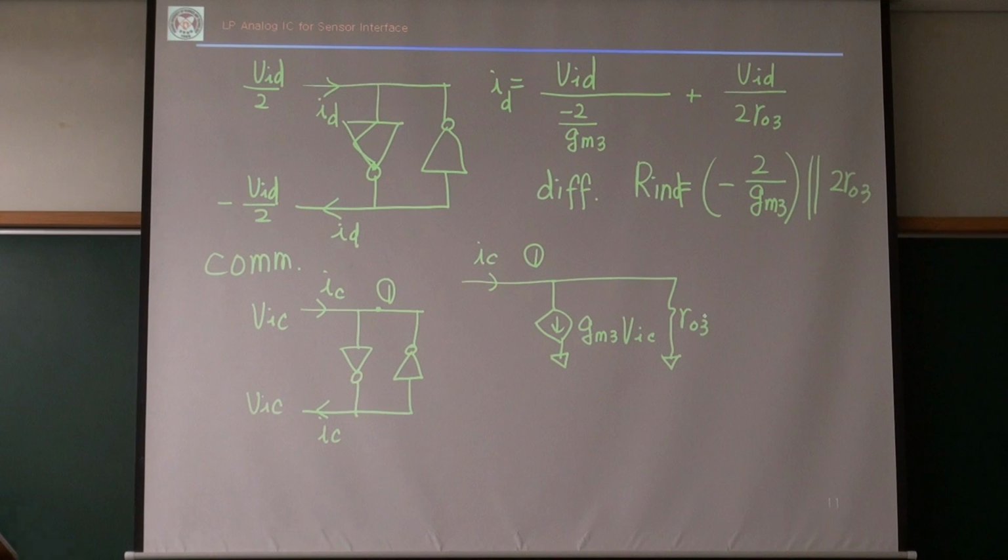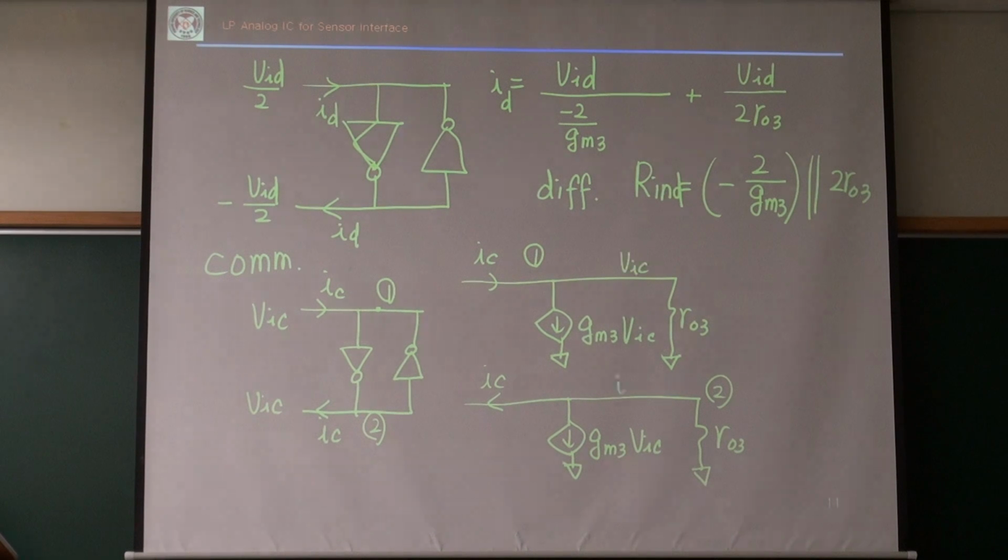How about node 2? Node 2 is similar: IC goes out, and then I have gm3 VIC and ro3. This voltage is VIC for both of them. Then my IC is only gm3 VIC plus VIC over ro3.